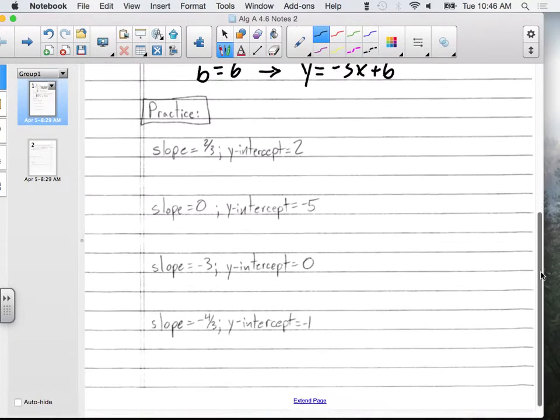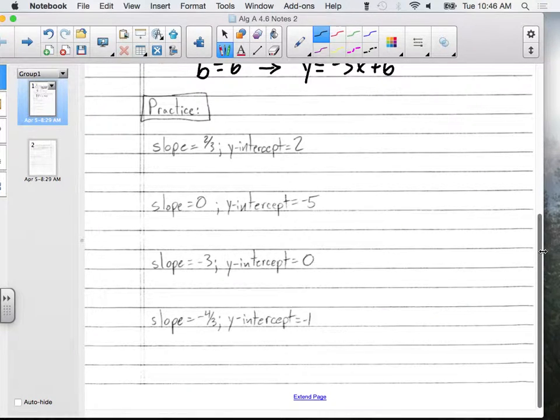Now, you guys try these ones by yourselves. Are we just putting it in the equation and solving it? Yep. So I'll do the first one with you guys. First thing we identify is our m and b, right? So what's our m for this first one? 2/3. M equals 2/3. Our b is 2.